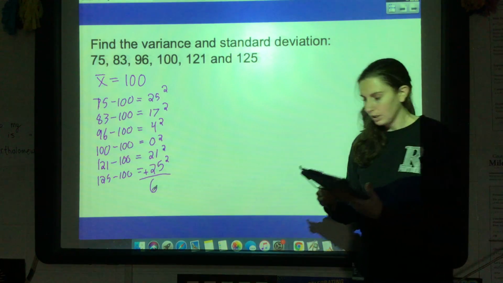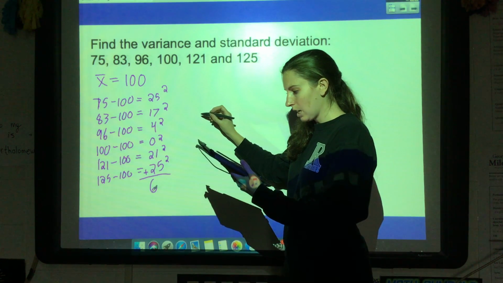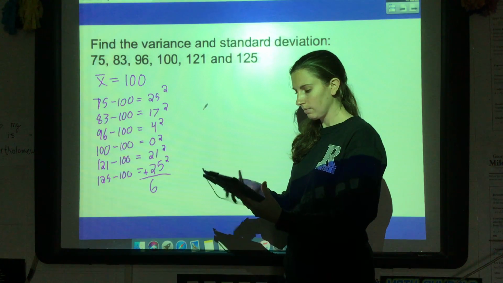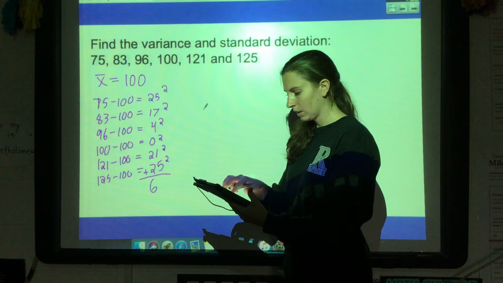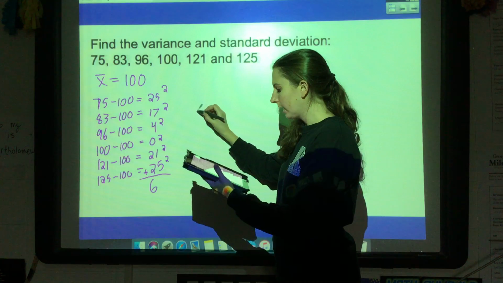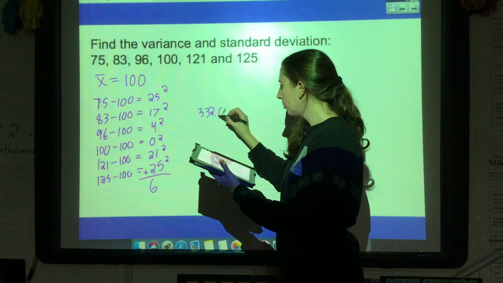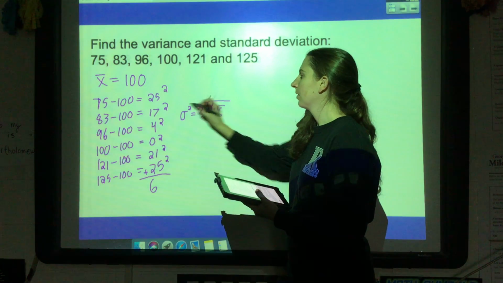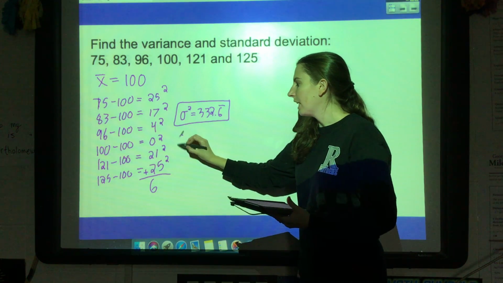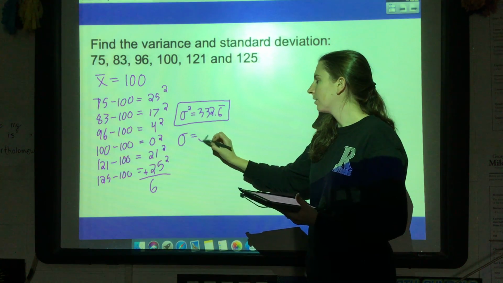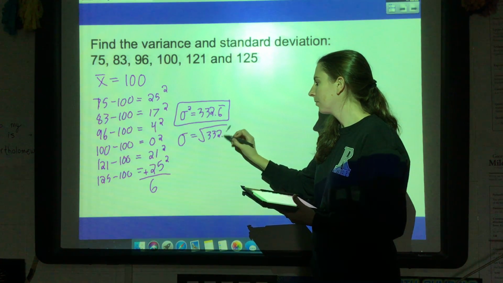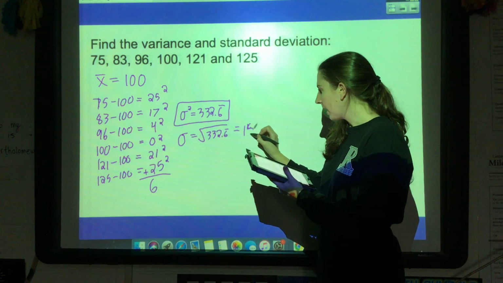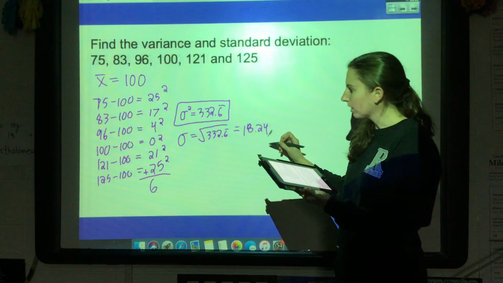When you do that, you should get 332.6 repeating. That's your variance. And if you want the standard deviation, you just square root this, which should be approximately 18.24.